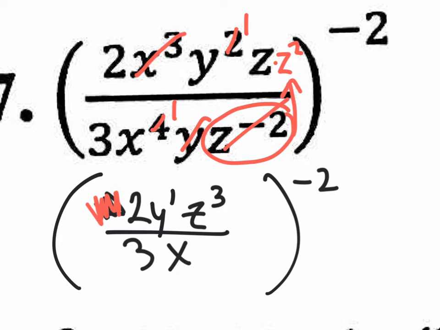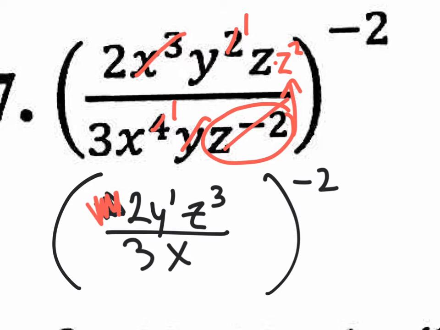That's to the 2, to the y, to the z, to the 3, to the x. And then take all of those negative exponents, because they're all going to have negative exponents, and flip all of them, right? Or another option is to just take that negative 2, make it positive 2, and flip the fraction right now. What do you guys want to do?